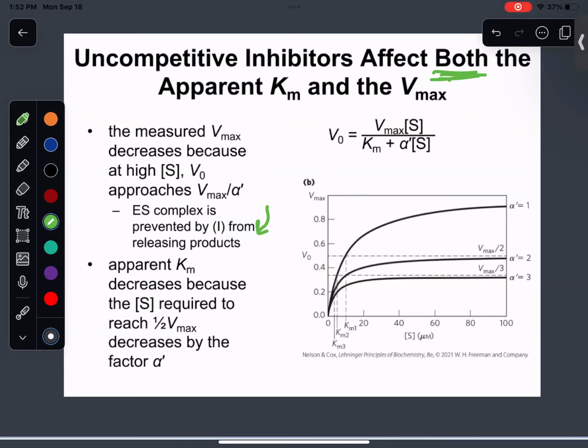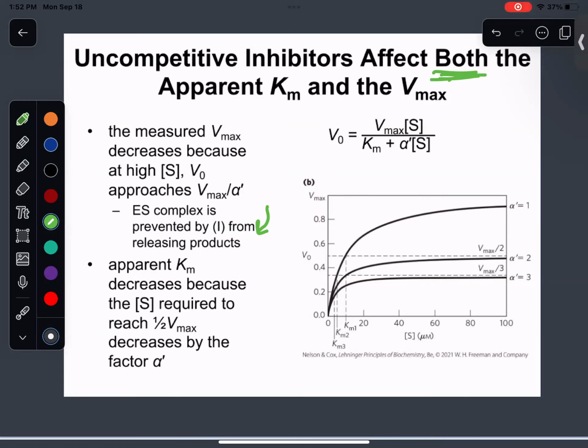I'm not the best mathematician, but the reasoning in my brain for why Vmax decreases is because the enzyme substrate complex is prevented by the inhibitor from releasing products. Remember, in uncompetitive inhibition, the inhibitor is going to come in after the substrate is already bound. So this is your enzyme substrate complex, ES complex.